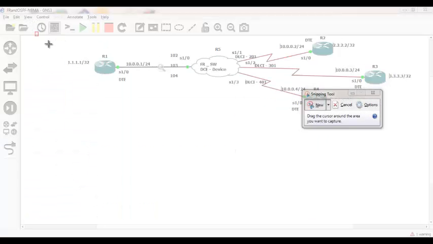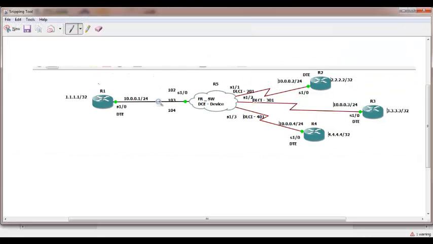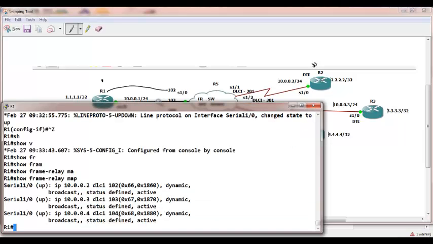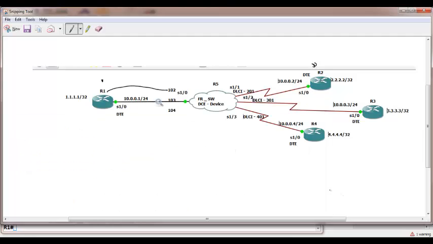If the packet from router 1 needs to go to router 2, it should go where? To 102, not to 103 or 104. That's what you see here. The packet to be delivered to 103 if you want to go to router 3, 10.0.0.3. This discovery is dynamically done using inverse ARP.